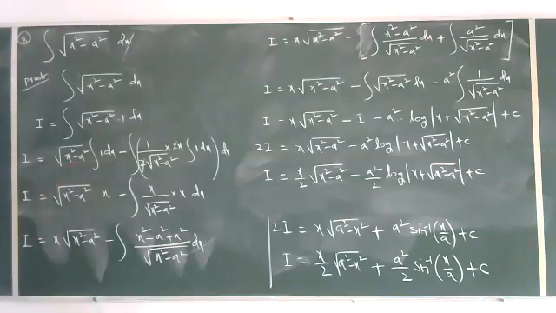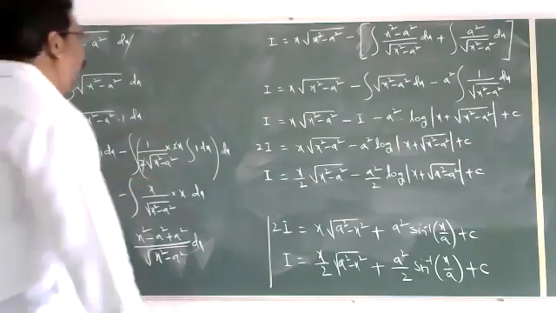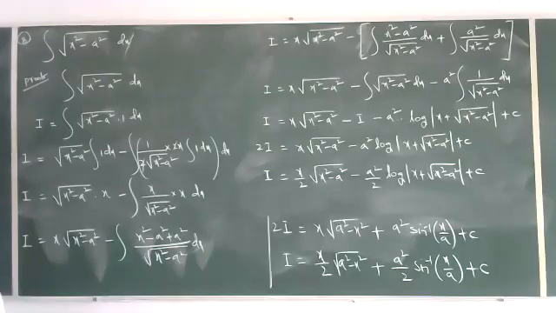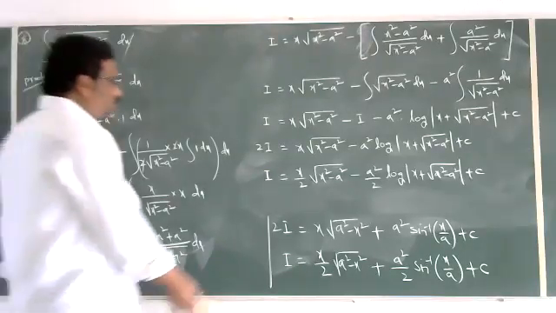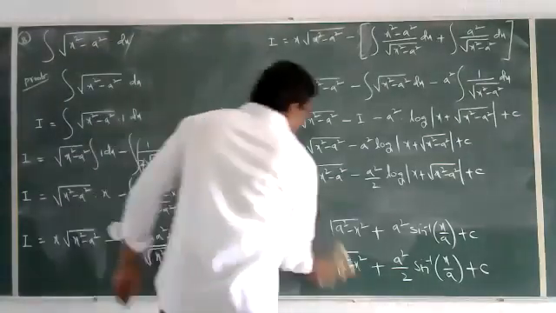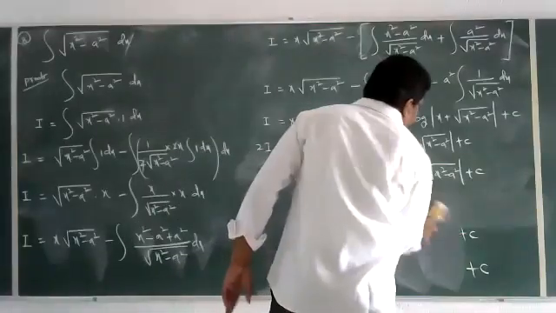That is the second formula. I is what? Integration of root of x square minus a square. This is also in the formula list. The previous theorem is also one of the formulas. You can learn the formulas by heart.